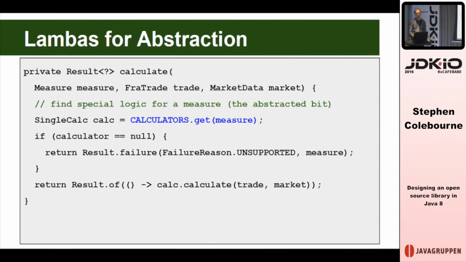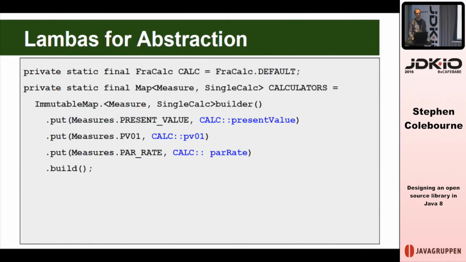So here, in the next method down, we take just the one trade and the one measure, and here we're going to calculators.getMeasure. So given this measure object, the thing that we want to calculate, go and get me something that will calculate it. And that's the abstraction.